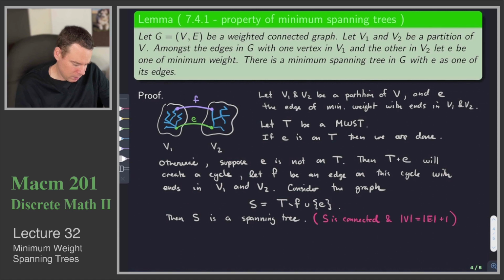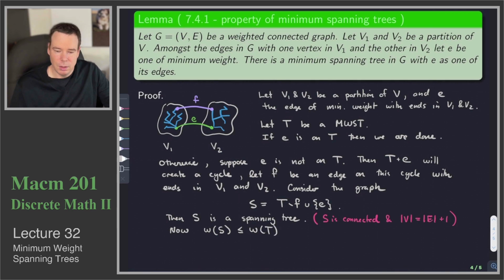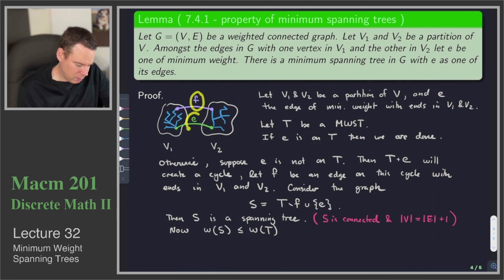Now what's the weight of this spanning tree? Now, the weight of S has to be less than or equal to the weight of T. Why is that? Well, what I did was I removed an edge and replaced it with edge E. But of all the edges that bridge from V1 to V2, E was the one of smallest weight.